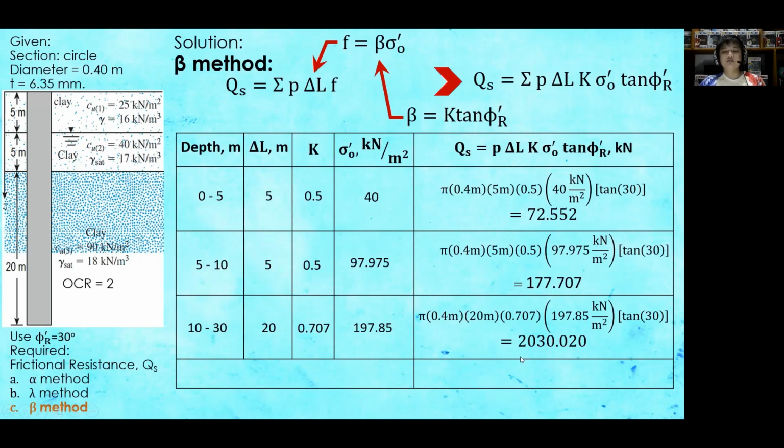Thus, for the last component, it is 2030.02. Therefore, sum all components of QS, the QS is equal to 2,280.279 kilonewtons for beta method.